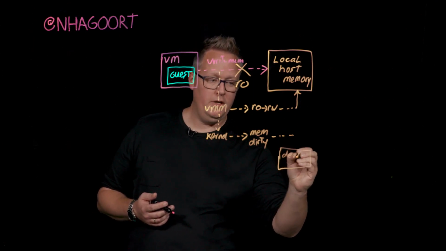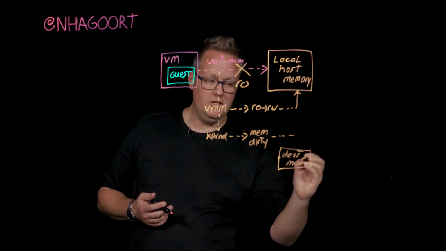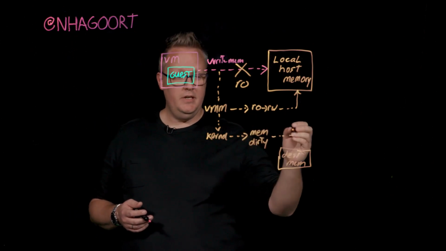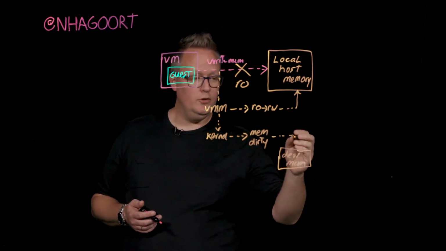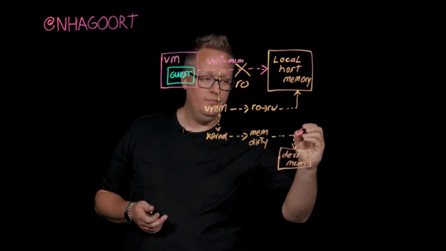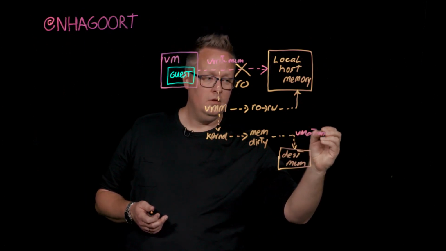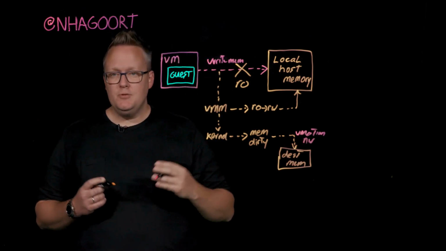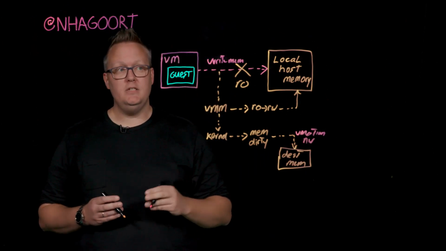So we have the memory on the destination ESXi host, and because it is marked as being dirty, we now need to resend that using the vMotion network.